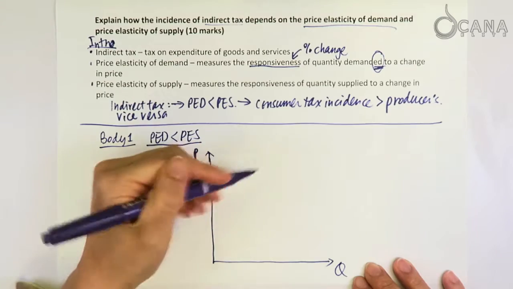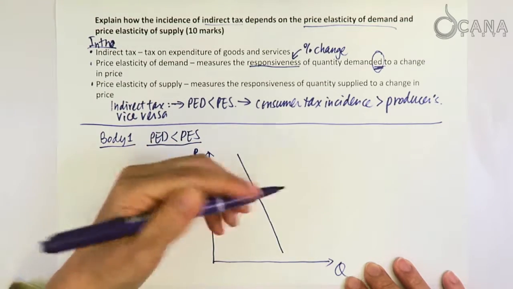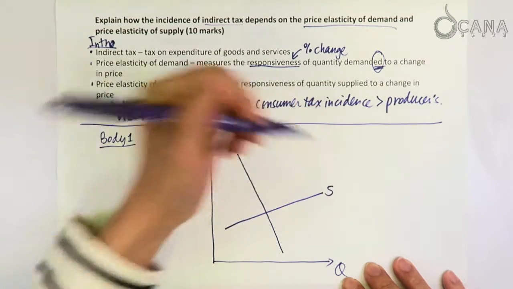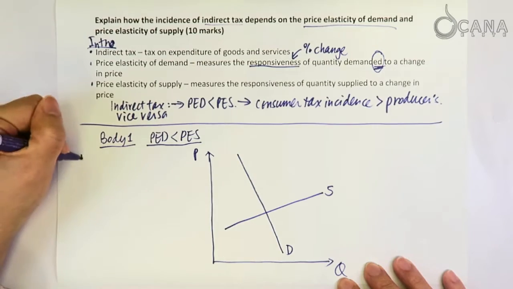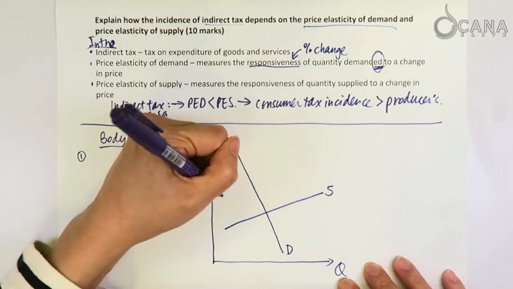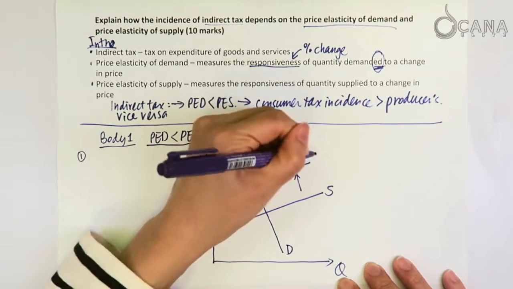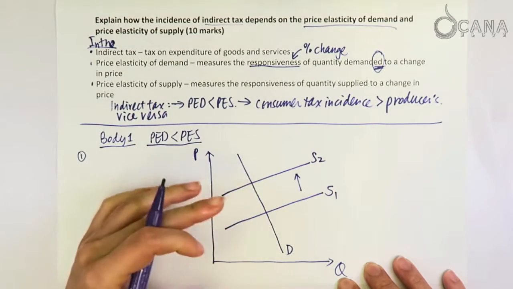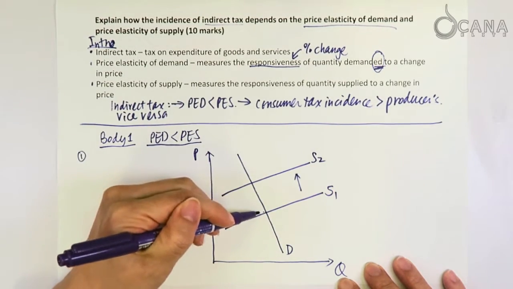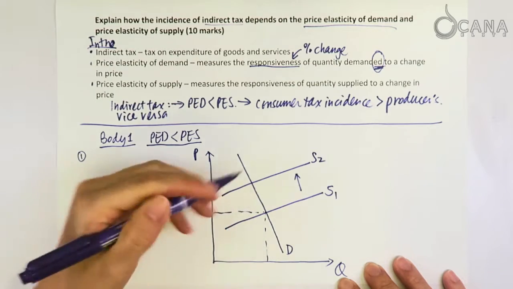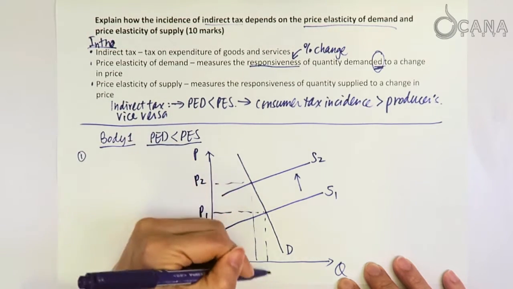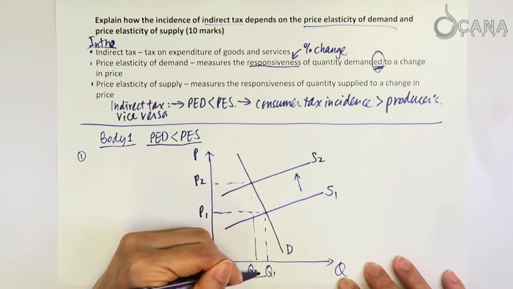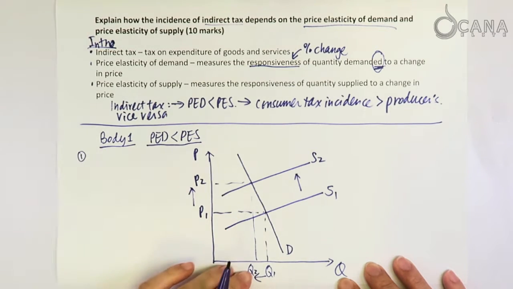When PED is smaller than PES, we draw a steeper PED and a flatter PES: a steeper demand curve and a flatter supply curve. First of all, when indirect tax is imposed, it increases the cost of production and reduces the supply. The market equilibrium then shifts from P1 to P2, and the quantity decreases from Q1 to Q2.